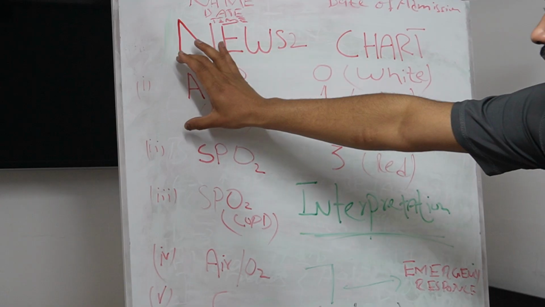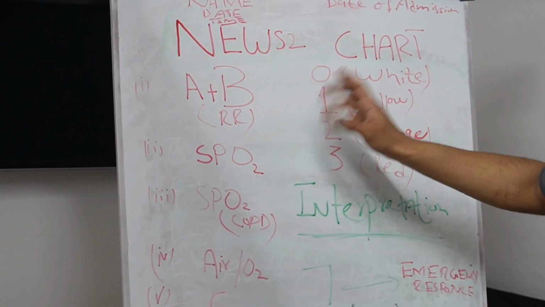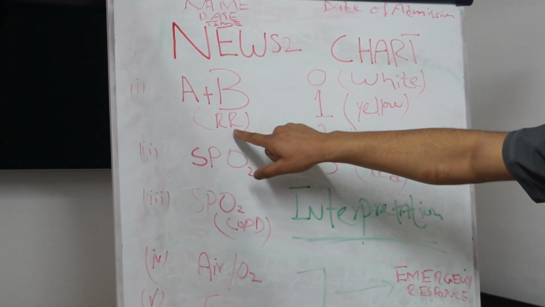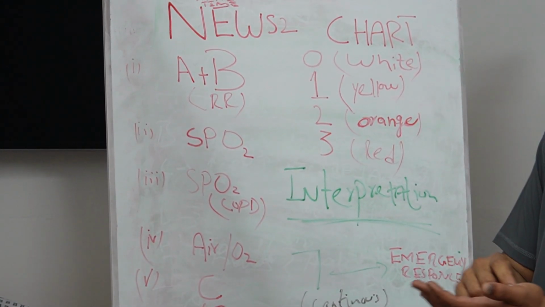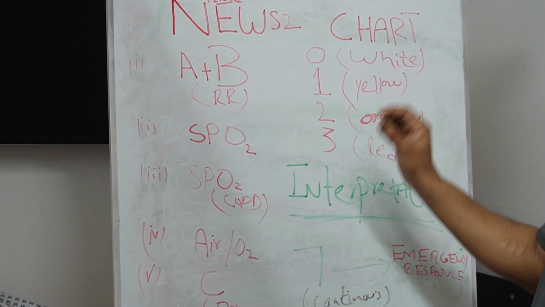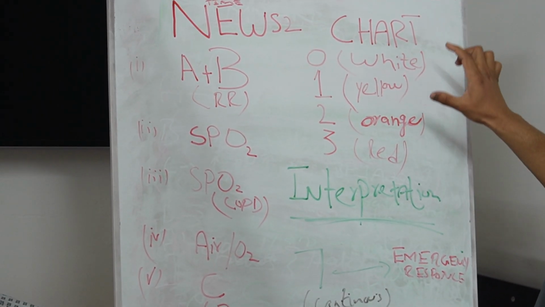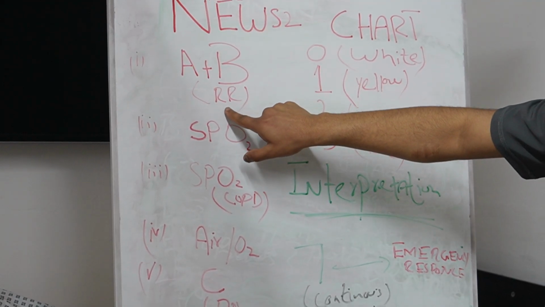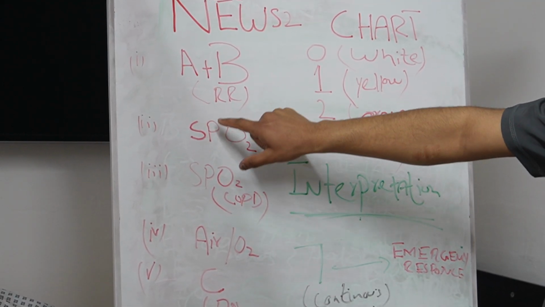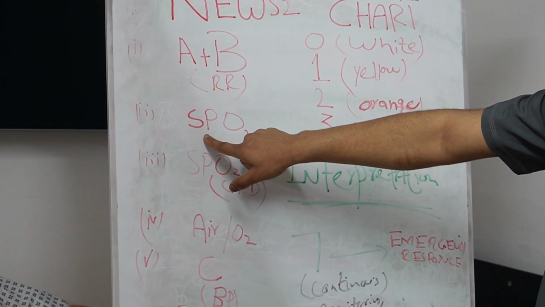If the title says A and B, it means we check the respiratory rate. We make a dot for whatever respiratory rate the patient has, and then we score that parameter. Next is oxygen saturation.